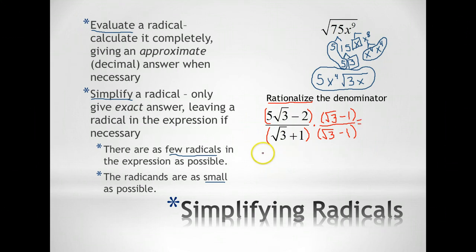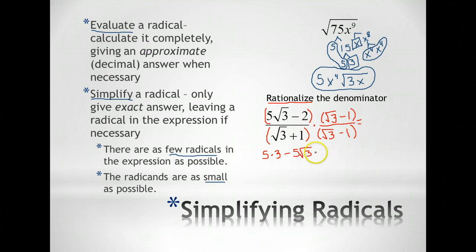So I take the first term, 5 square root of 3 times the square root of 3. Square root of 3 times the square root of 3 gives me the square root of 9, or just 3, because I have two square roots of 3 multiplying by each other, the radical is canceled out. So when I multiply the first two together, I get 5 times 3. I multiply the outsides together, I get minus 5 square root of 3.